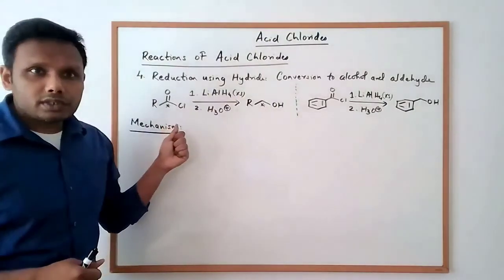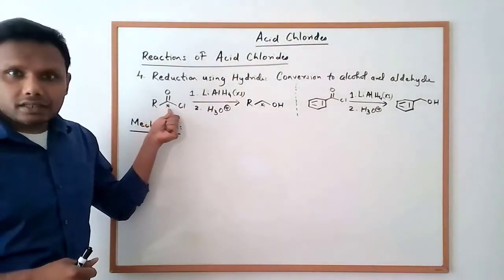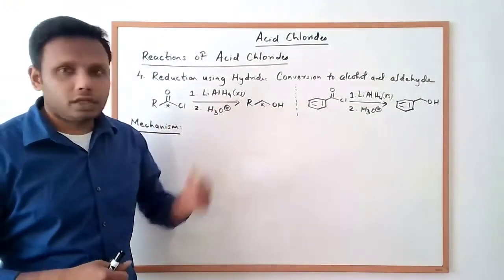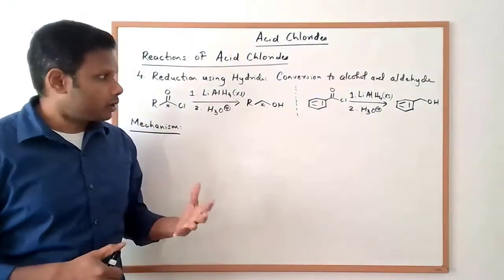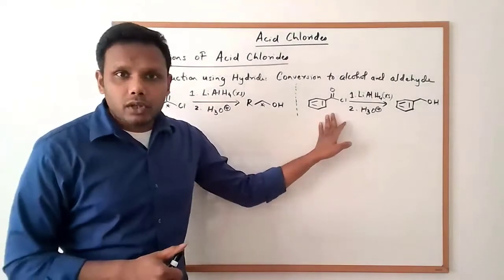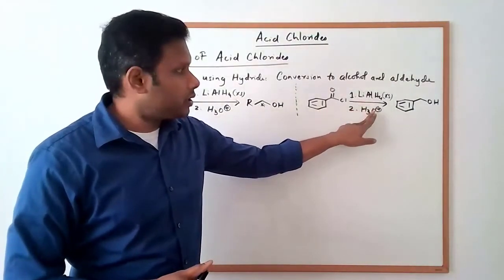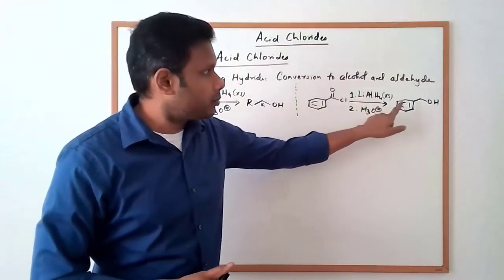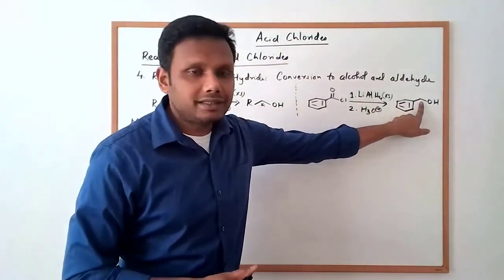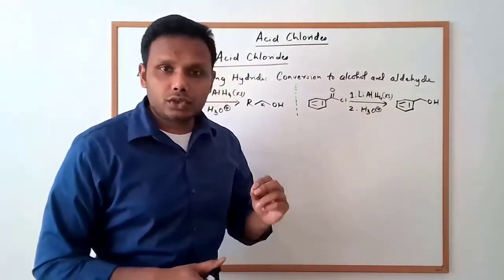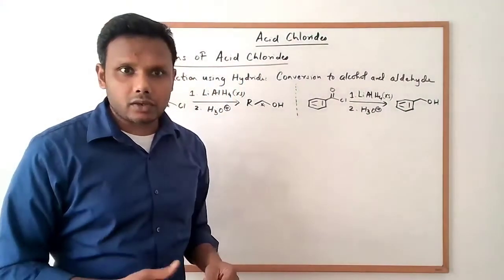Now, essentially notice that the acyl carbon is converted into the alpha carbon in your alcohol molecule. As an example, benzoyl chloride reacts with excess lithium aluminum hydride followed by an acidic workup to give you benzyl alcohol. The acyl carbon is converted into the alpha carbon in the alcohol.